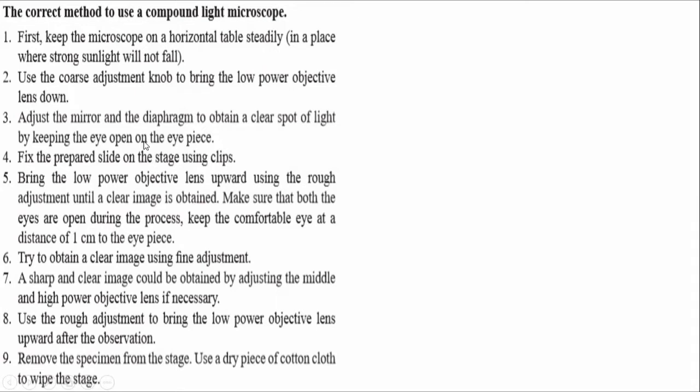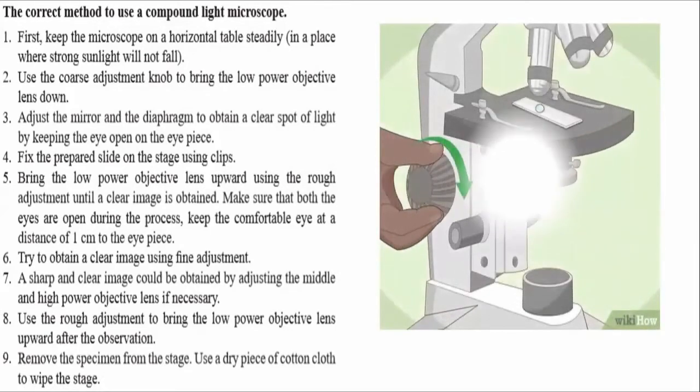As I already mentioned, first, we use the low power objective lens. All right, if you think the image is still not clear, then we move on to the mid power objective lens and finally the high power objective lens. All right, so the first thing to do is to use the coarse adjustment knob to bring the low power objective lens down close to the specimen so that you can get a clear image. All right, so as you can see, this is the coarse adjustment knob.